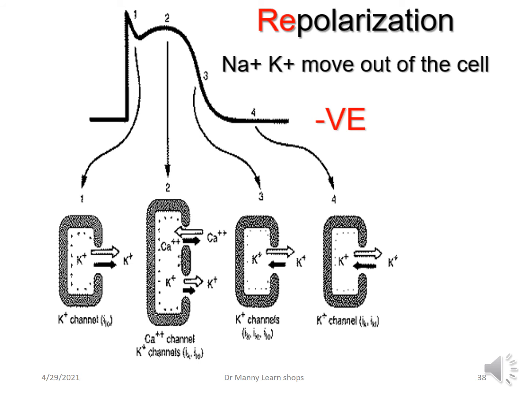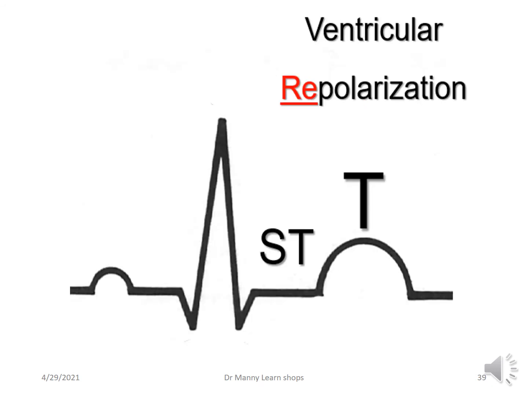Then you have repolarization, which means going back to the way it was before depolarization. And this is where sodium and potassium move out of the cell. And this is an action potential that you're seeing. And there are 4 components to it, which you can review at a later point in time. But this part of the ECG, or action potential, creates this on the big ECG. Ventricular repolarization is represented by the ST segment and the T wave.